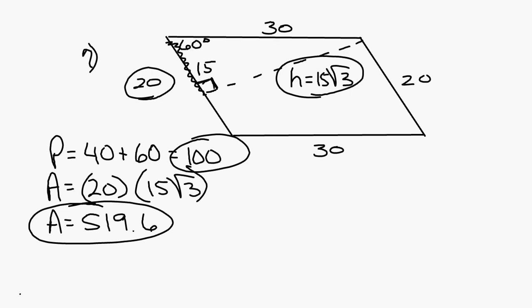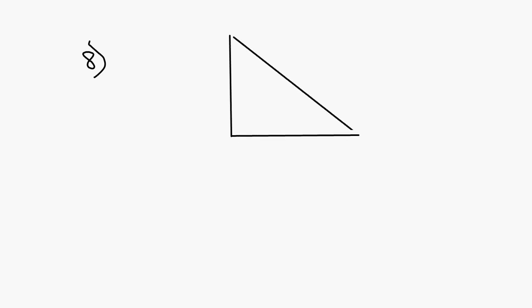Number 8. Alright, in number 8, you've got a right triangle with two congruent sides.